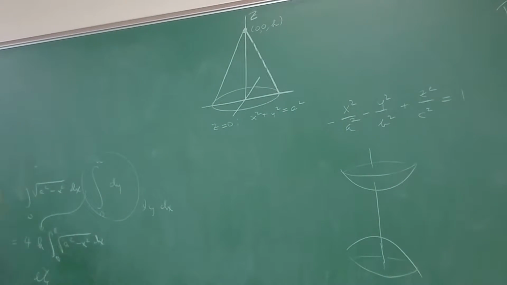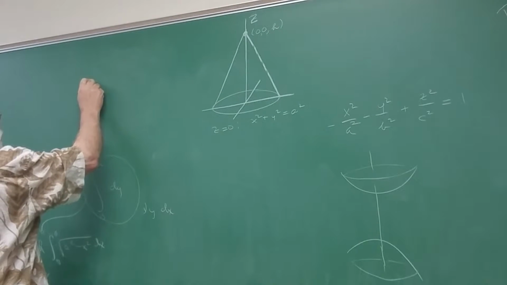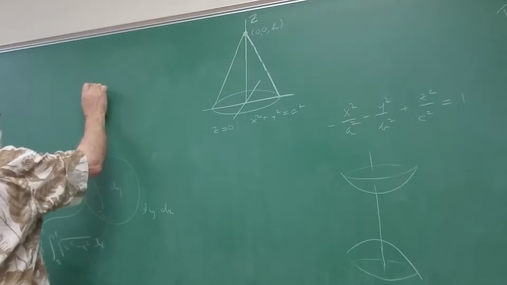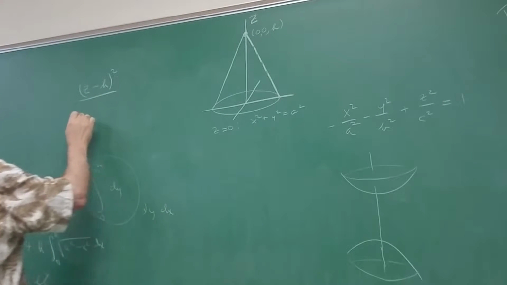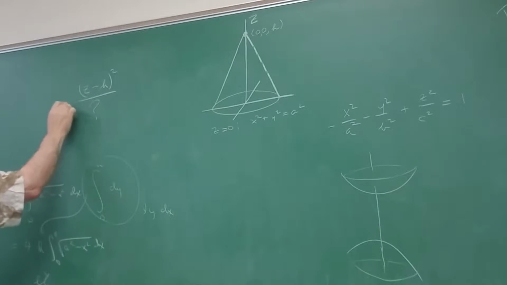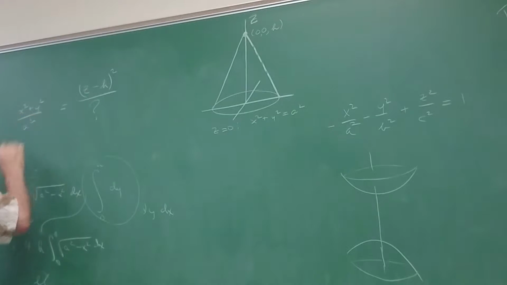Well, if I look at this equation, as we saw earlier, if a and b are the same, I've got a common denominator, so I can do it this way.